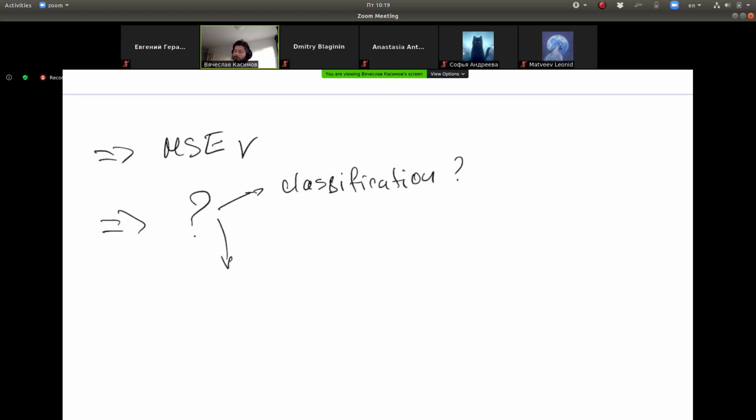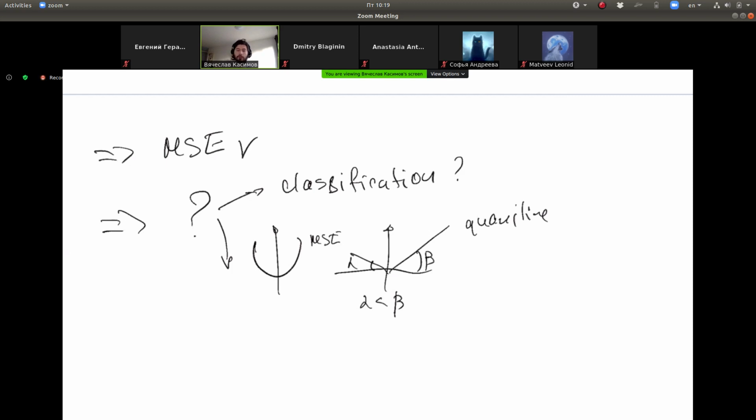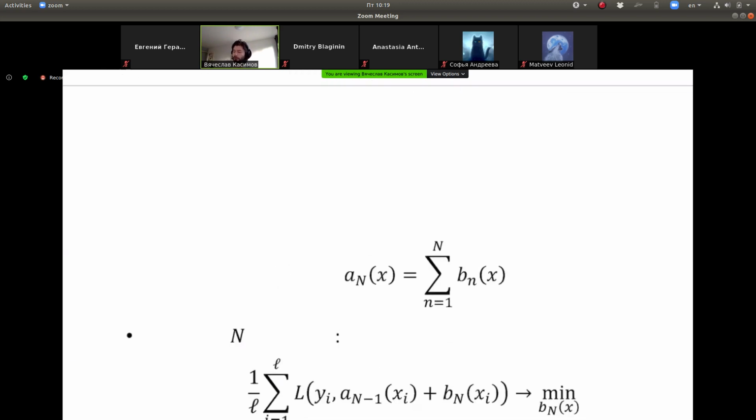But also, for regression problems, MSE is very symmetric. For some problems we could say we would like to use a type of loss, let's call it quantile loss, with non-symmetric penalties for each side. And so somehow we should modify our procedure or see whether it will work.